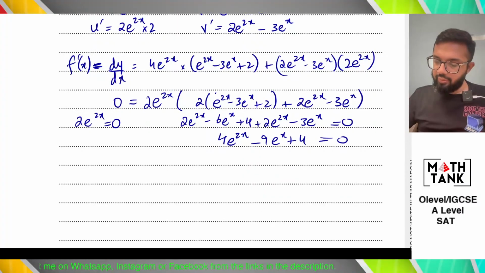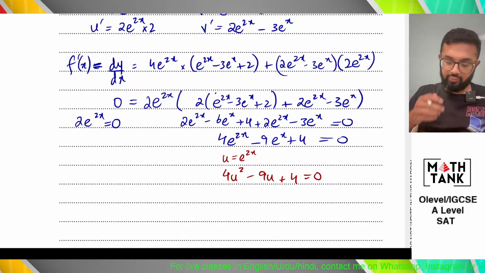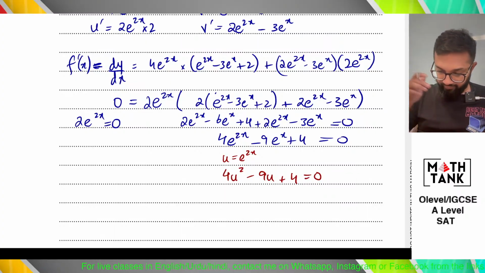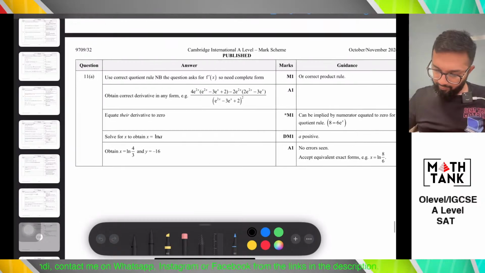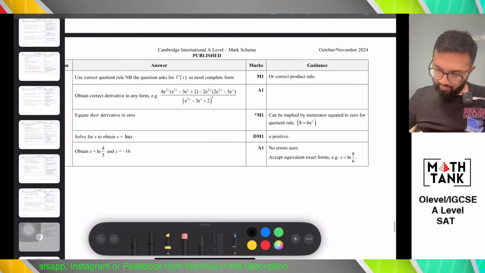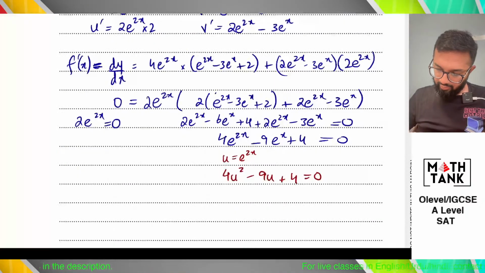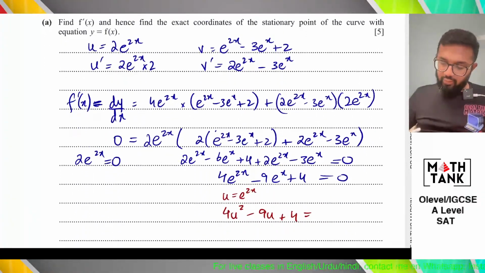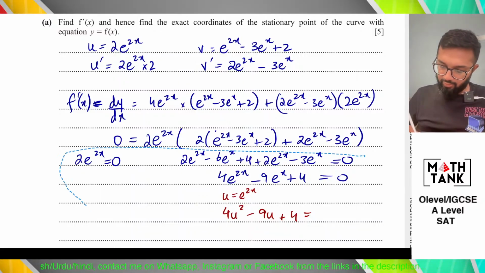Okay, you use the substitution to get through this. So u equals e power 2x. So 4u square minus 9u plus 4. So that equation is correct. Okay, what I have done is that this was supposed to be a quotient rule and not a product rule.